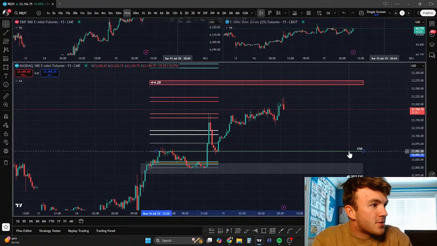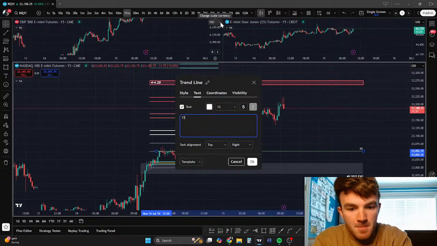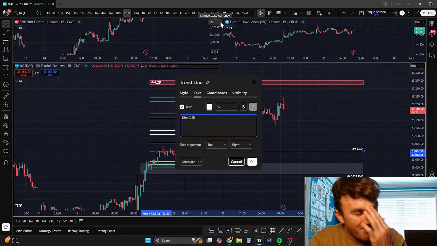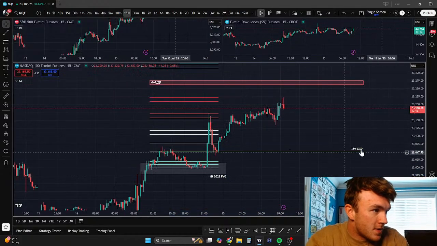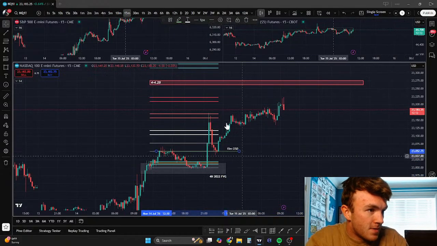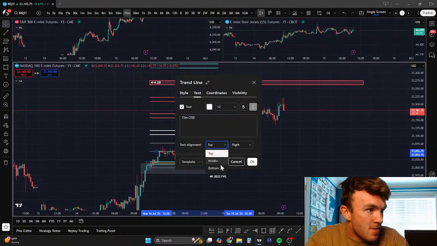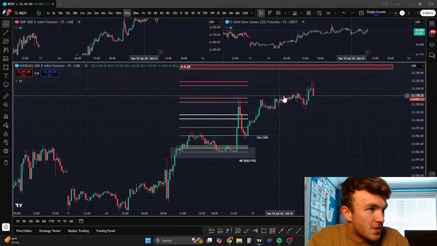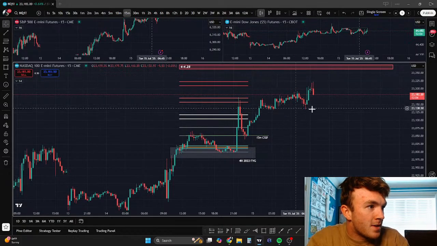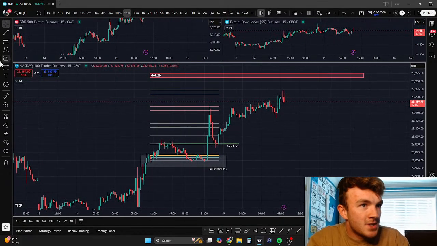Alright, we are getting a retracement. So there's that. There's that. So this is kind of accumulation to me, right? I see this as accumulation.